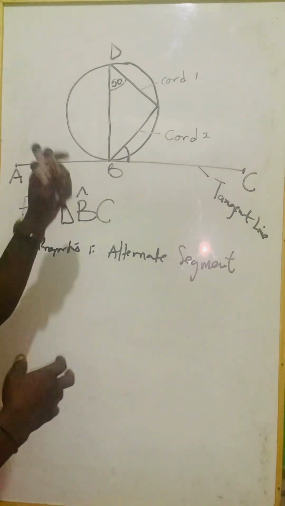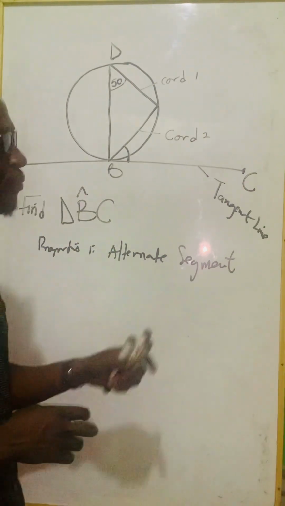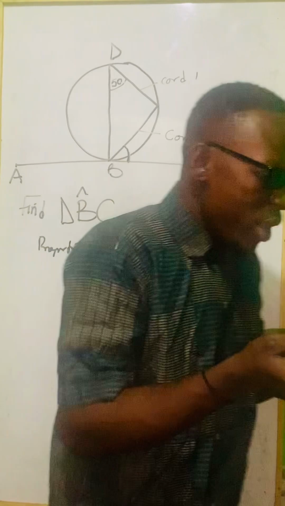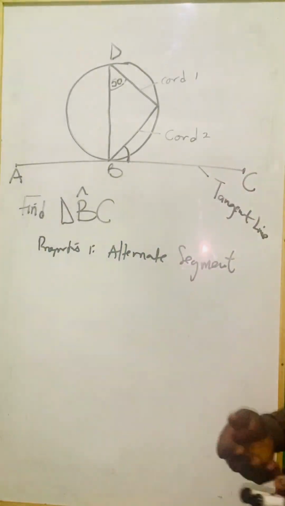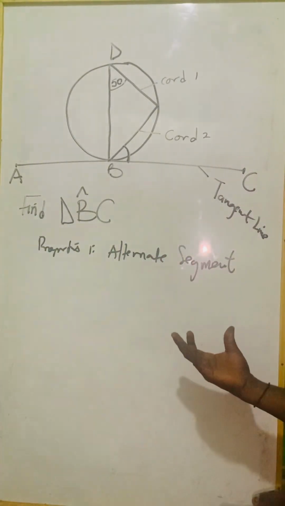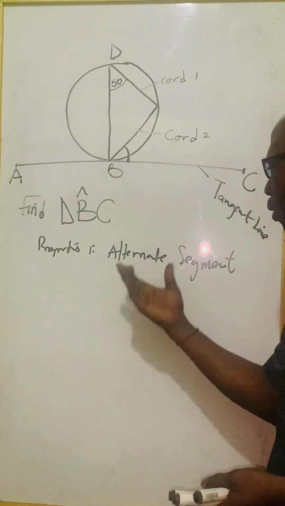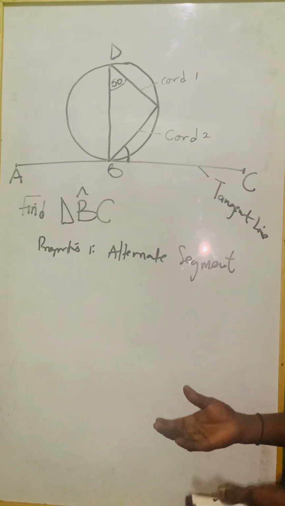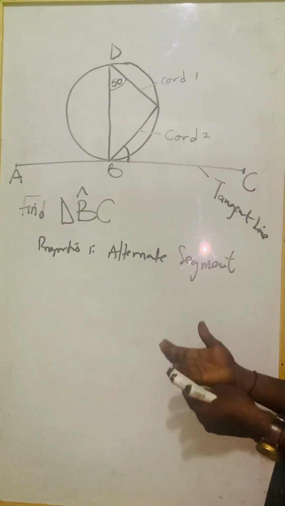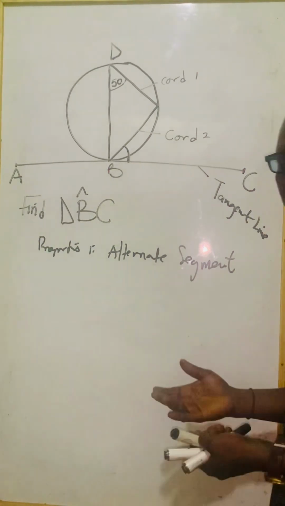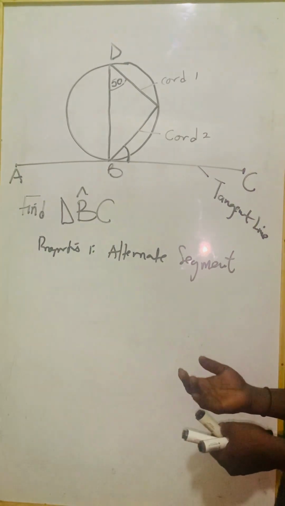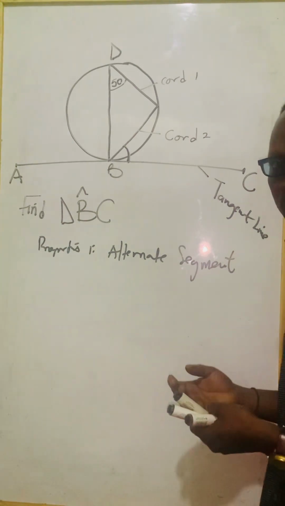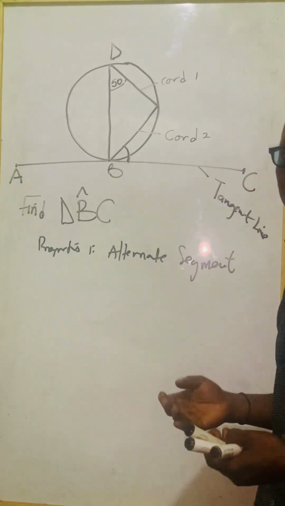For the sake of this question, we are going to talk about only this property because it has something to do with this question, and we could not solve this problem successfully without employing it. This alternate segment property tells us that angles that are alternating within a circle are the same.